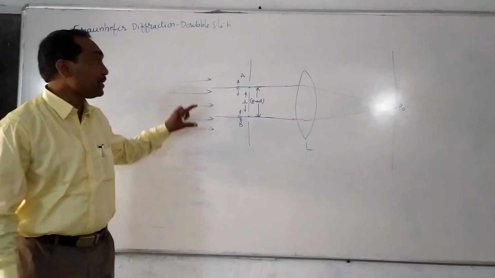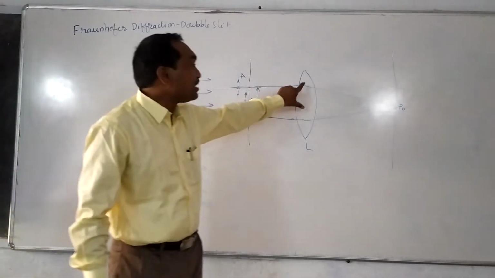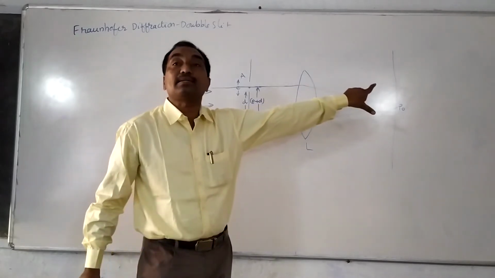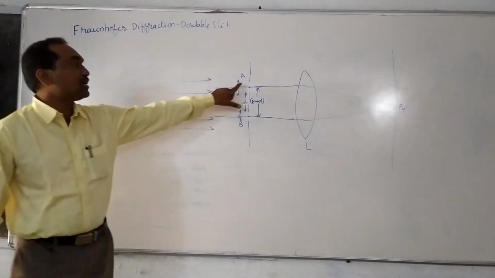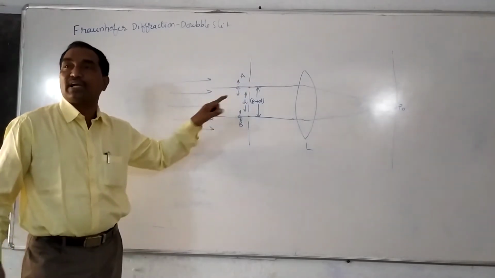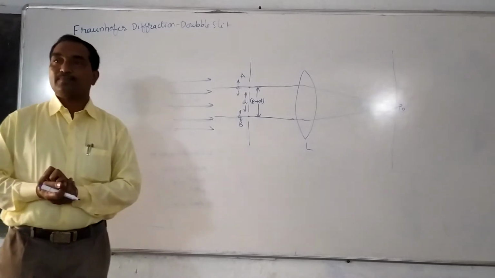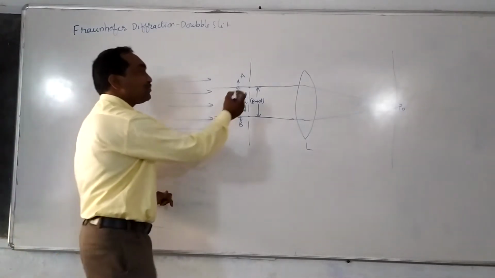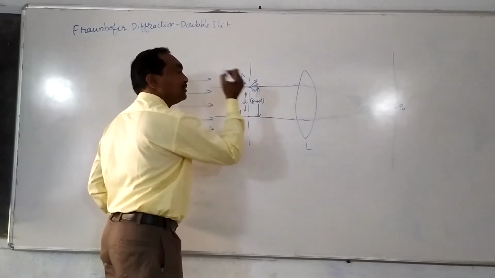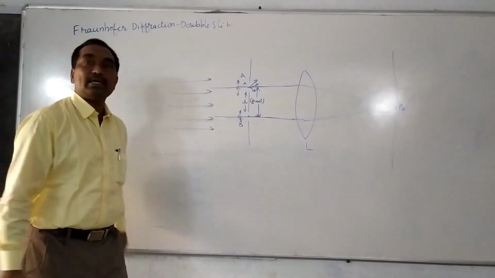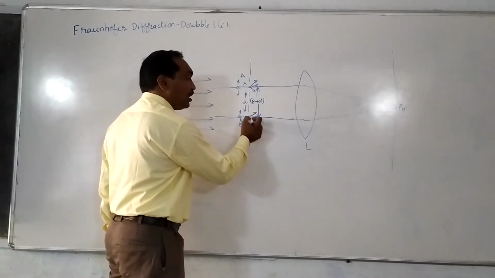But we know every point on the wavefront acts as a source of secondary wavelets. So from point A secondary wavelets will move in all directions, and from point B also in all directions.